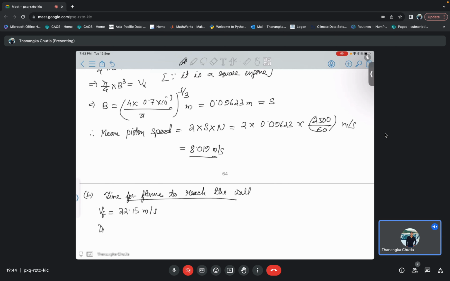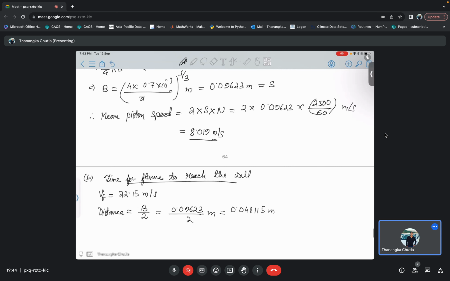Okay, and distance is equal to B by 2, because here there is no offset, so this will be 0.09623 divided by 2 meter, that will be 0.048115 meter.